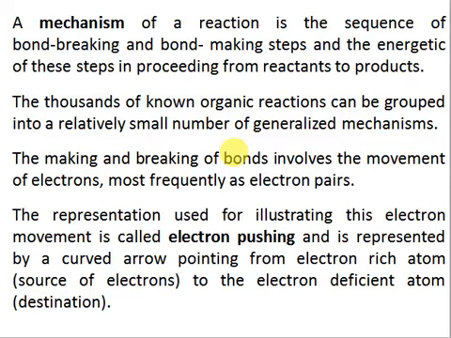All bonds consist of electrons. Therefore, the making and breaking of bonds will involve movement of electrons. Right? So when electrons get paired up, a bond is formed, and when these electrons get separated, then the bond is broken. Right? So whenever you are talking about a bond, just remember that we are talking about the electrons, right?